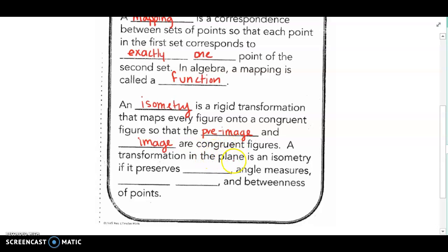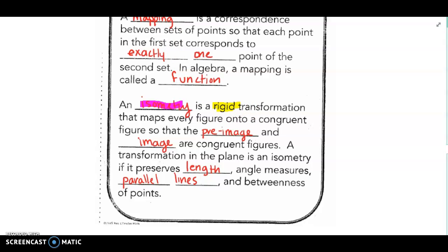A transformation in the plane is an isometry if it preserves length, angle measures, parallel lines, and betweenness of points. So an isometry and a rigid motion or rigid transformation are the same thing.